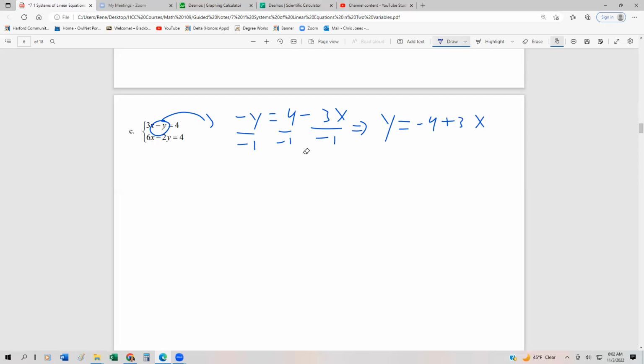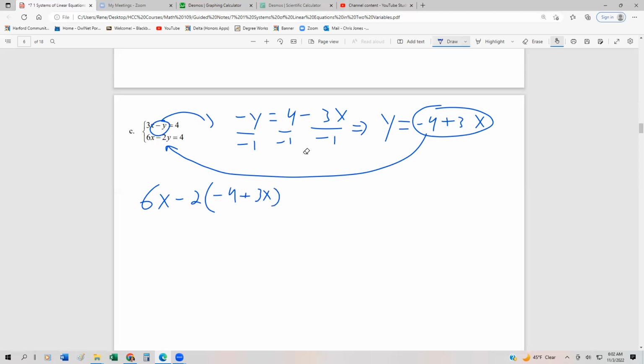And I'm going to substitute this back in for y down here. We would get 6x minus 2 times the quantity of negative 4 plus 3x equals 4. I would distribute the negative 2, so I would get 6x plus 8 minus 6x is equal to 4.